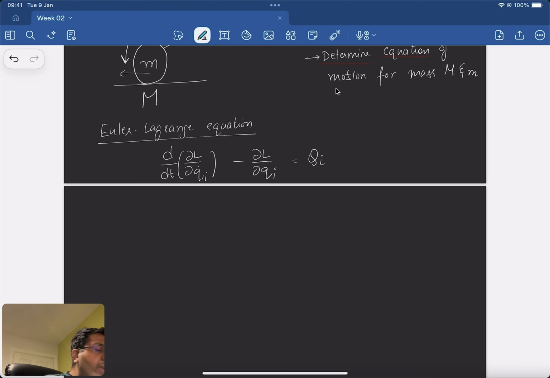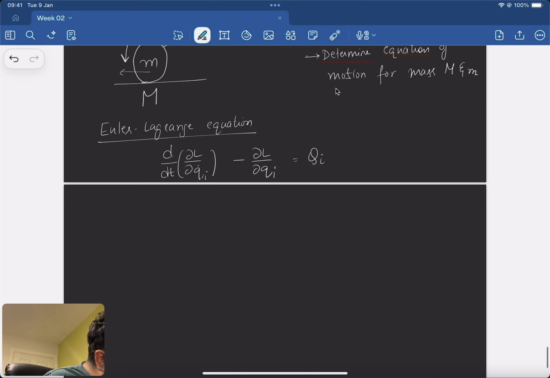Again, if we remember, L is our Lagrangian, which we defined as kinetic energy minus potential energy.